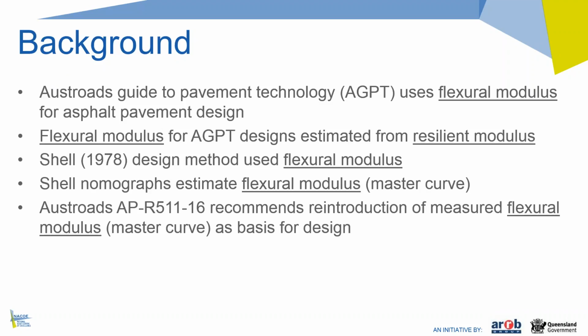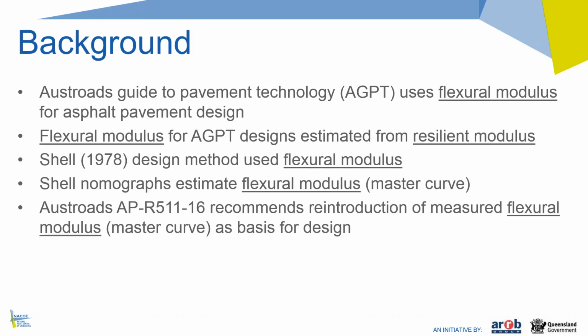And the Shell nomographs that some of you may be very familiar with in terms of predicting or estimating the modulus of the material based on binder results is also actually used to estimate flexural modulus, and in a way represents a master curve.